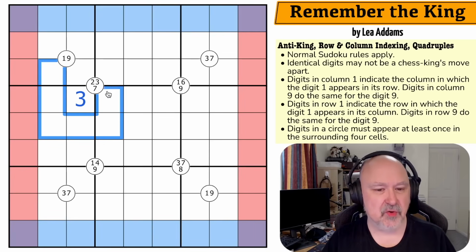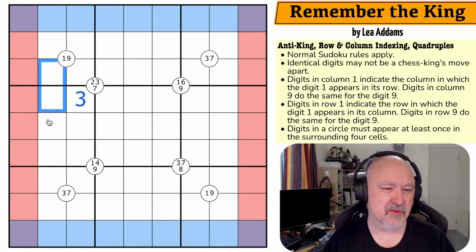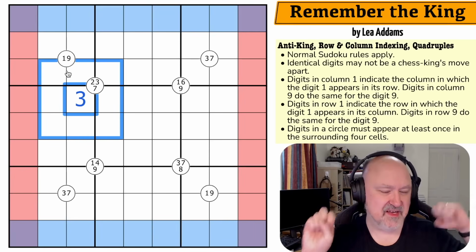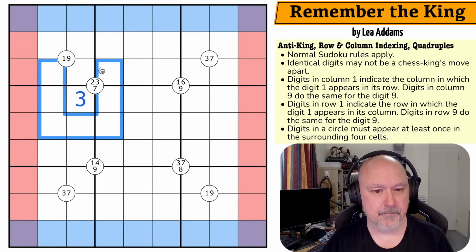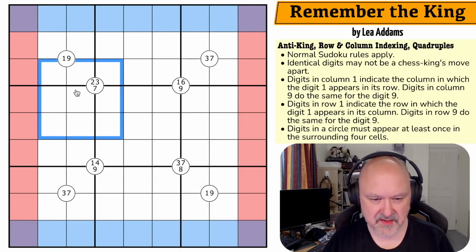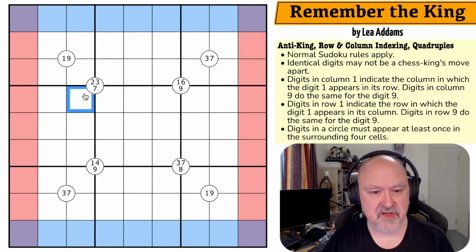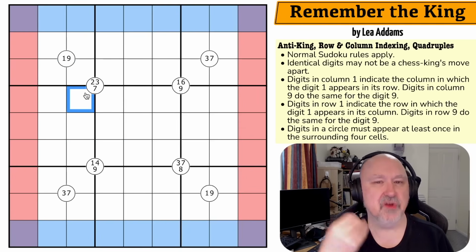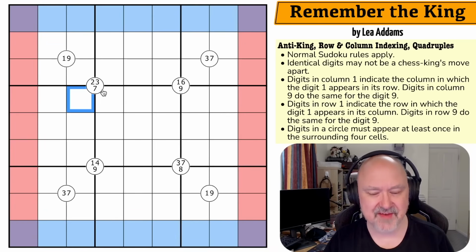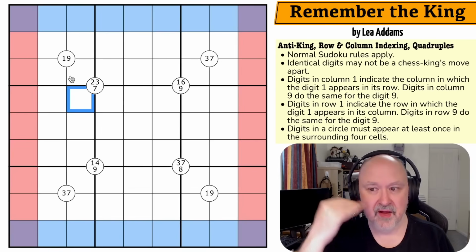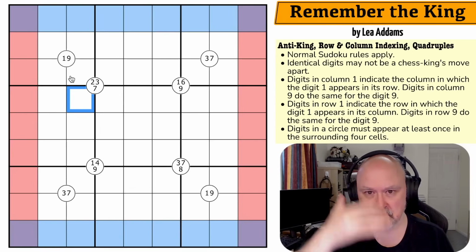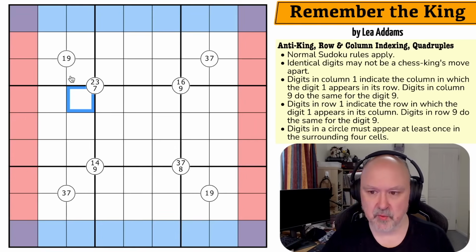It's called anti-king because it was bundled in a pack one time in a set of chess constraints, but it used to be called no-touch because none of the diagonal cells could be the same digit, but it all got rebranded. Anyway, that's that constraint, and it's a global constraint, so there's no visual clue to it, but all the others have a visual clue. I like mentioning the stuff that has no visual clue at the top of my rule set, so people scanning it will get reminded of it quickly.